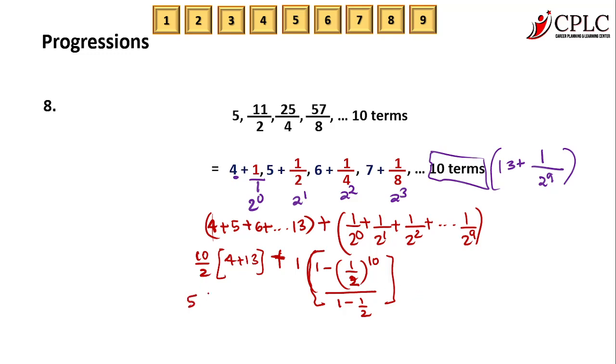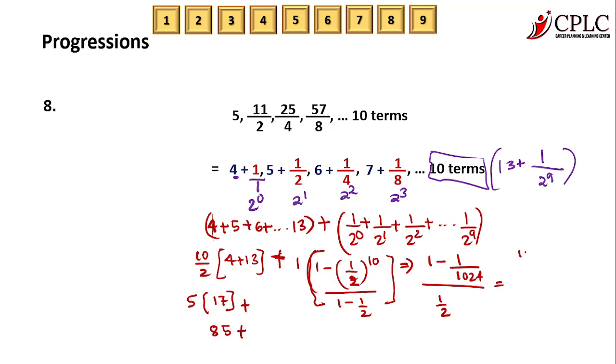So this becomes 5 into 17. This becomes 85 plus something. Now we have to do this calculation specifically for GP. It is 1 minus 1 raised to 10 is 1. 2 raised to 10 is 1024. Minus this becomes half.